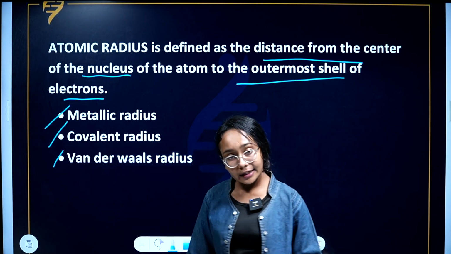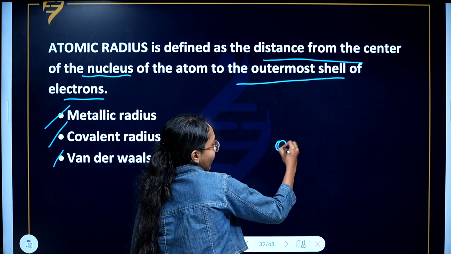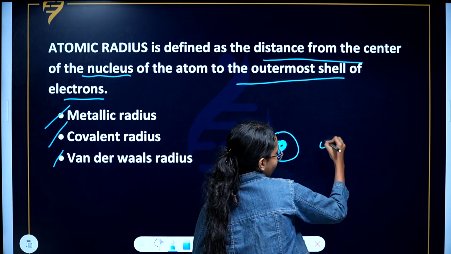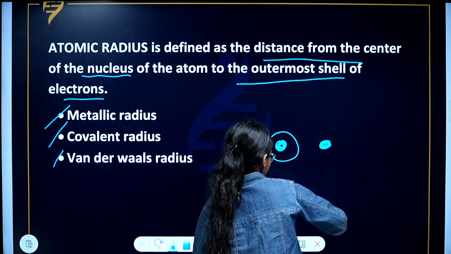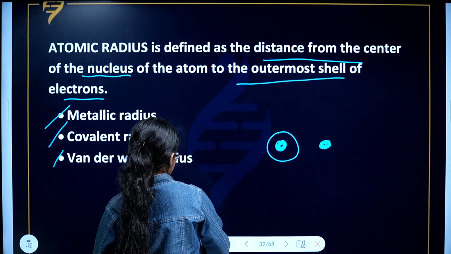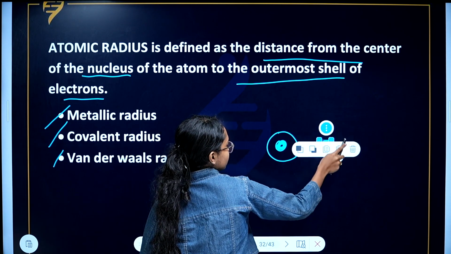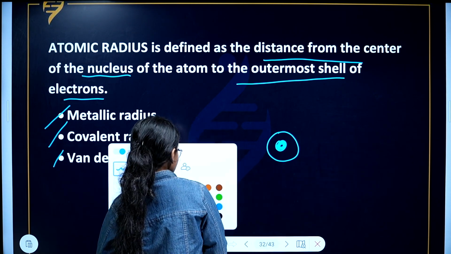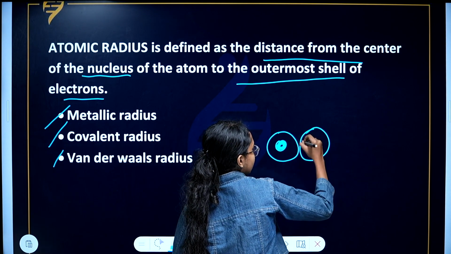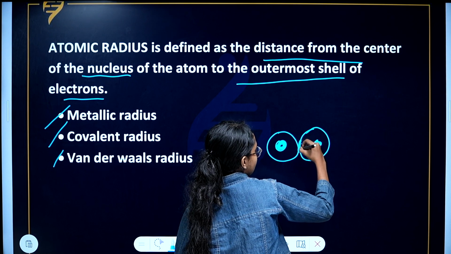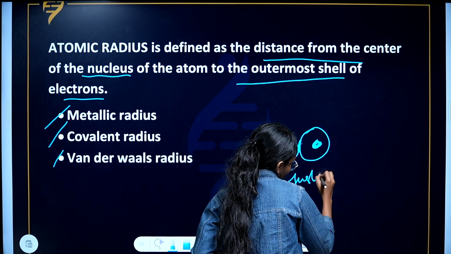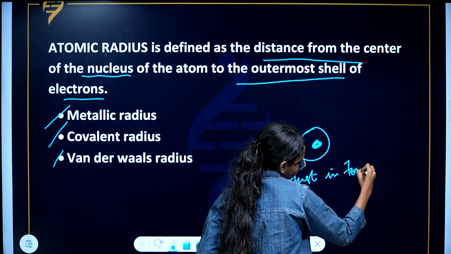Starting with the metallic radius, I have an atom here, it's a nucleus. I have another atom here, and it is just in touch with this atom. Remember that point? Just in touch.